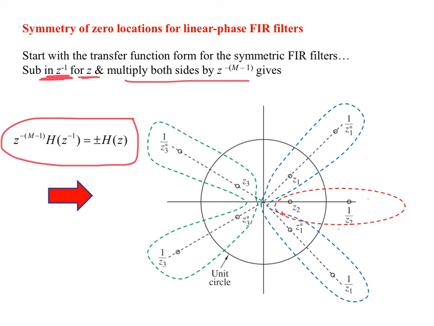Notice that if there were a 0 right there, it would be self-reciprocal, so we would have another one right at that same place. Similarly, we could also have one over here and one out here, which would be reciprocals of each other, along with the self-reciprocal right on the unit circle.